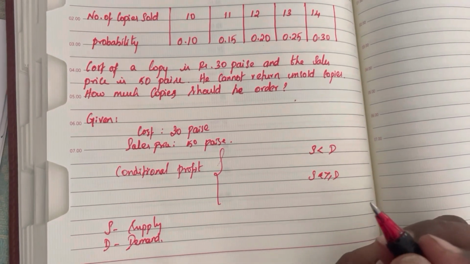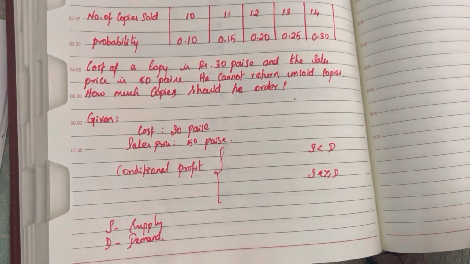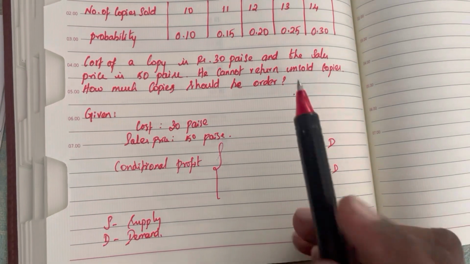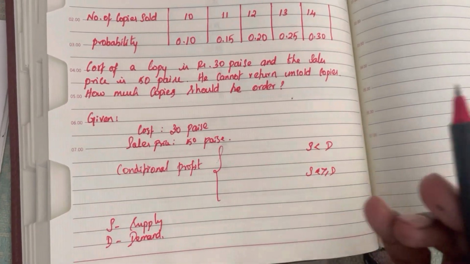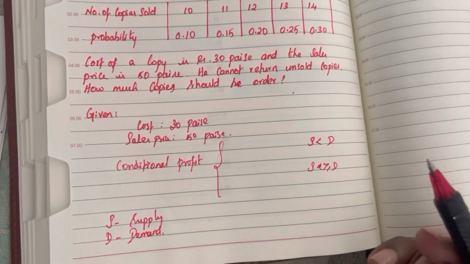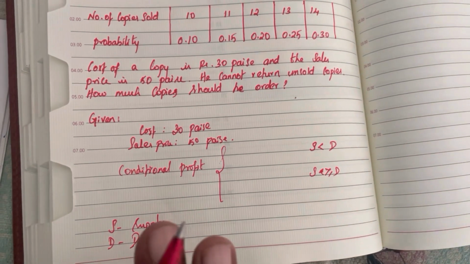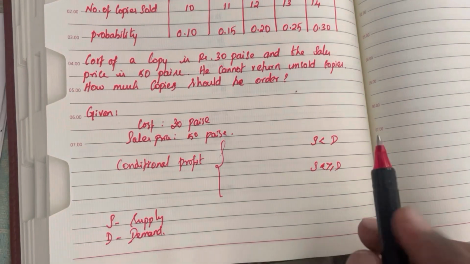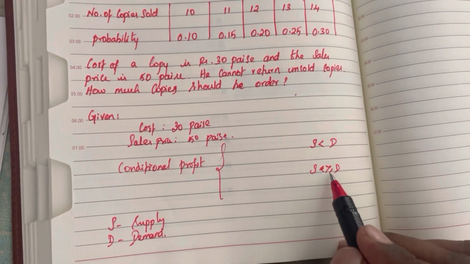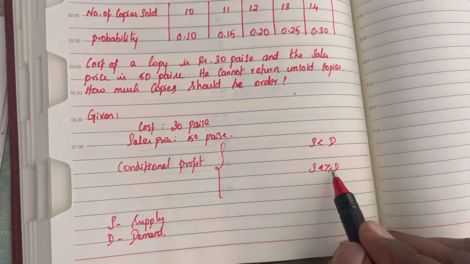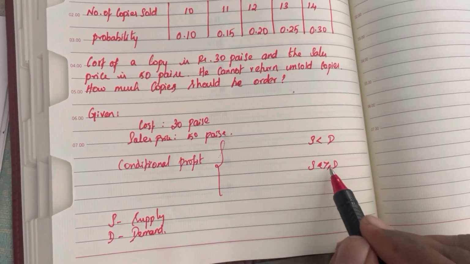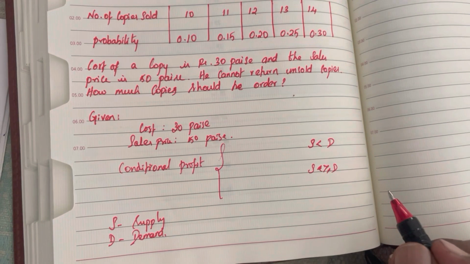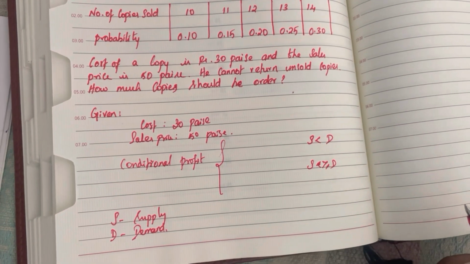When supply is less than demand, we don't have any loss because we are not going to keep any unsold papers. Everything will be sold because the demand is on the higher side. We are going to keep our supply lesser than the demand. The other situation is when supply is greater than demand. Only then will you have some unsold papers, and that is going to be a loss.